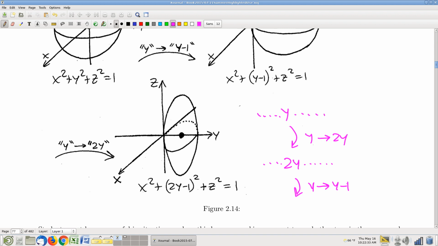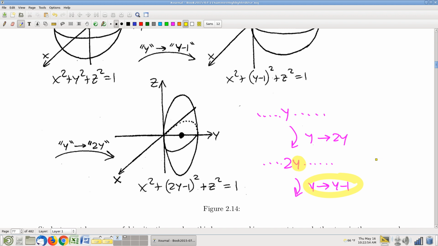But notice that when you do that, you've got to be very careful. It's real easy to mess this up. You're replacing Y with Y minus 1, that Y, not the thing that became the 2Y, right? So you're not subtracting 1 from the 2Y.